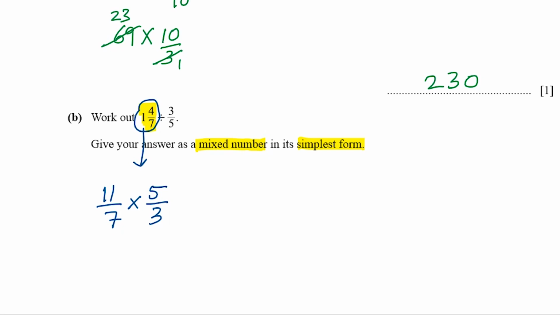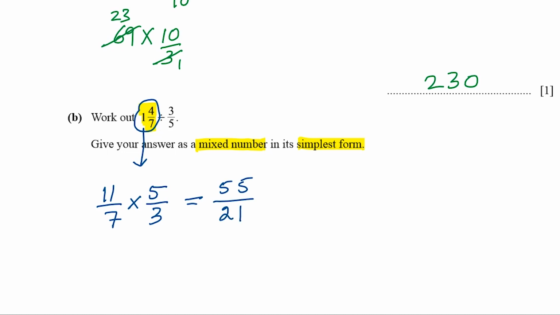No simplification is possible because all 4 numbers here are prime numbers. We will multiply numerators by numerators and denominators by denominators. 11 5s are 55 over 7 3s are 21.